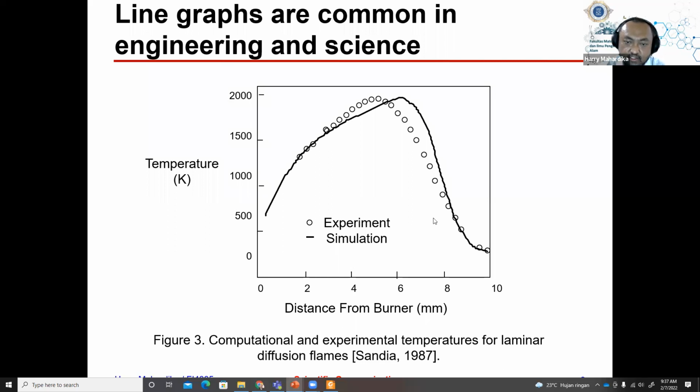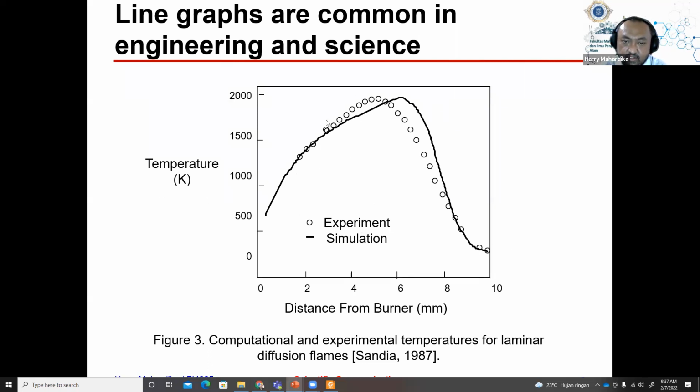So the experiment itself is presented as circles, and the number of circles here is relatively limited. However, we can make a comparison between the experiment result and the simulation result by putting both pieces of information in the same graph.